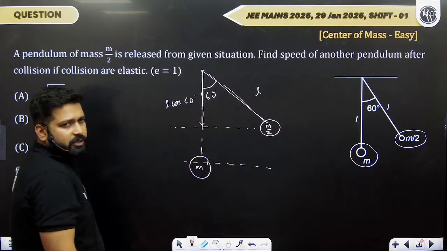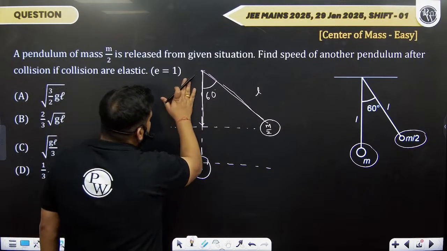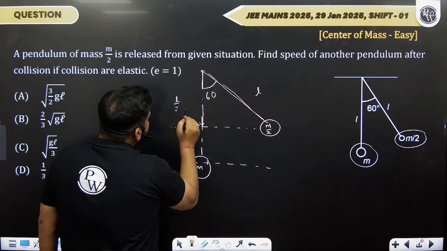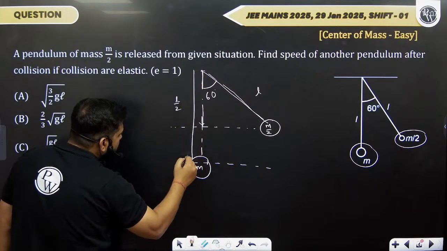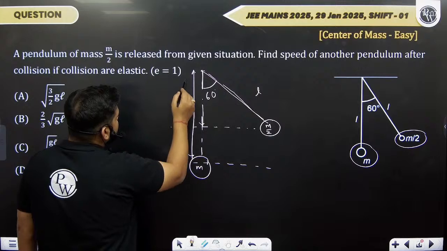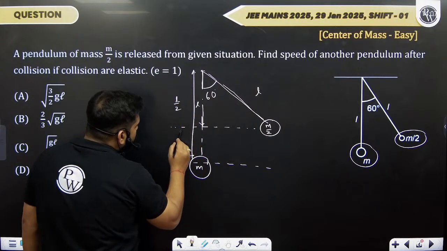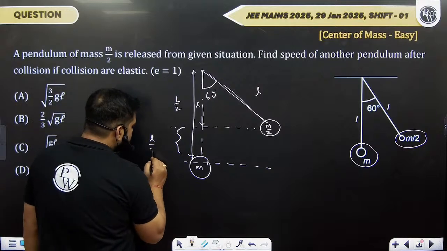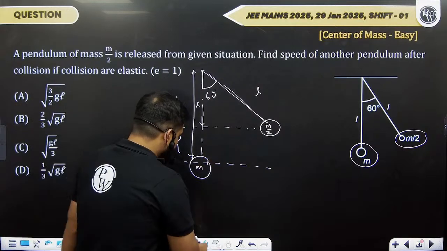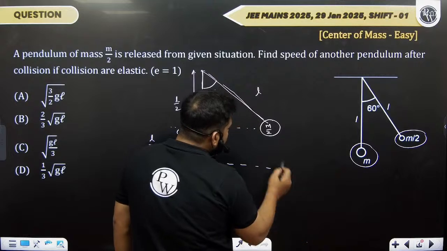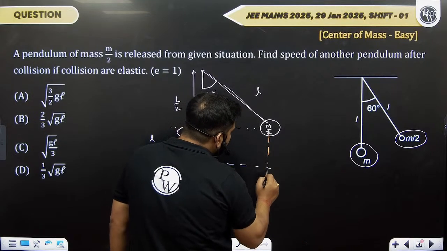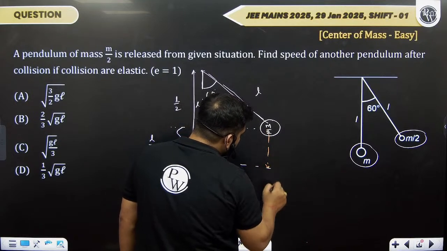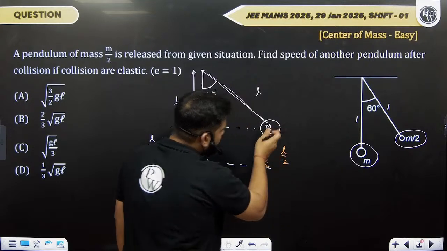Cos 60 is 1/2, so this is equal to L/2. This total length from here to here is also L, so this length will be L/2. That means this mass m/2 in the vertical direction has moved by a distance of L/2. The movement is L/2 downwards.